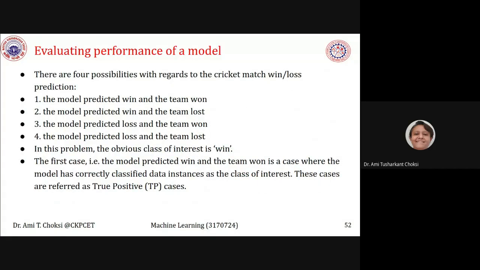There are four possibilities with regard to cricket match win or loss prediction. So what are they? The model predicted win and the team won. The model predicted win and the team lost. The model predicted loss and the team won. The model predicted loss and the team lost, right?